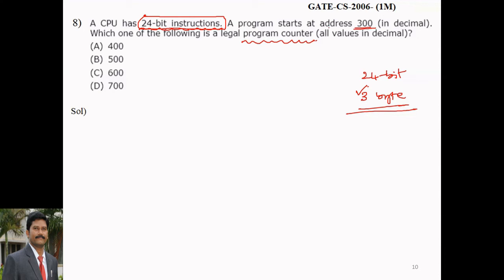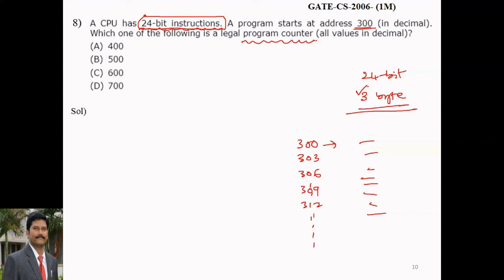If the program is given as starting at address 300, then the next instruction is at 303, the next at 306, then 309, 312, like that.